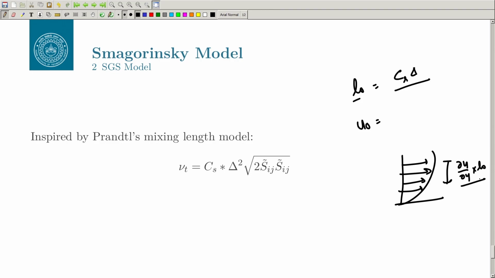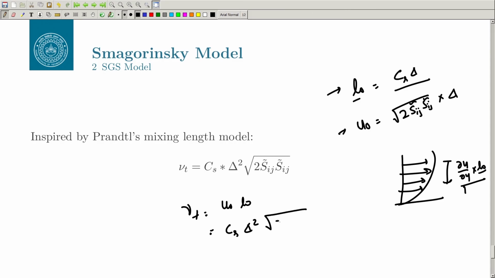Del u by del y will be replaced, for a general three-dimensional case, by the square root of 2 Sij tilde Sij tilde, multiplied by the length scale delta. So nu t, which is u naught L naught, becomes CS delta square root of 2 Sij tilde Sij tilde.